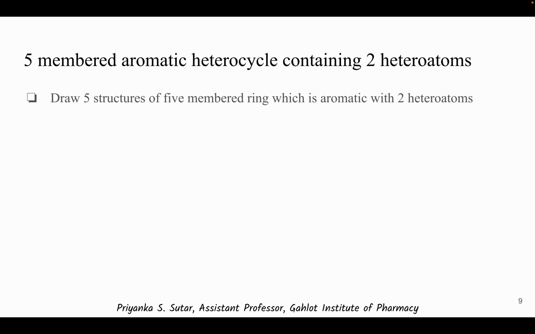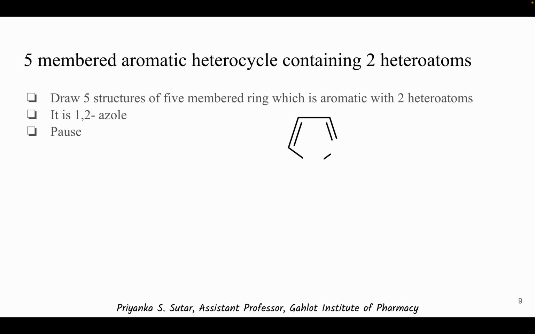The next structure is again a 5-membered ring, which is aromatic, and it contains 2 heteroatoms. This fifth structure is a 1,2 azole. So the heteroatoms are at the first and second atoms of the 5-membered ring. You can pause the video and write down the structure.